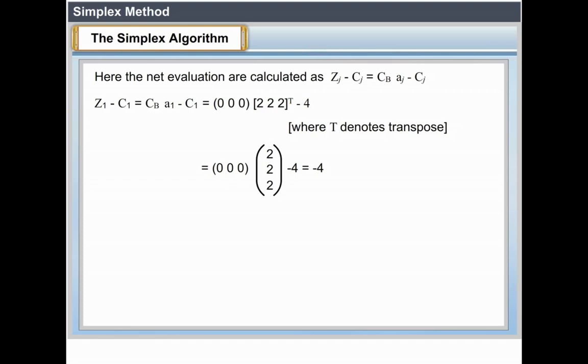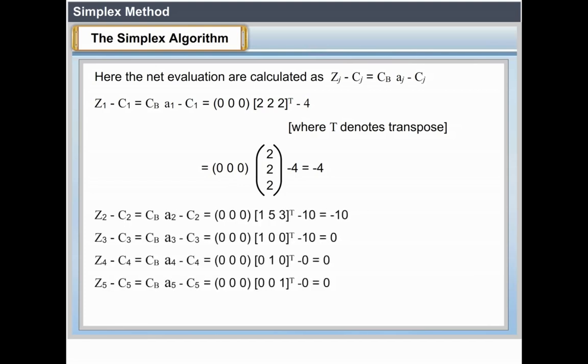After multiplying and subtracting, we get minus 4. In the same way we proceed. Z2 minus C2 = CB into A2 minus C2 = (0, 0, 0) into (1, 0, 0) transpose minus 10 = 0. Z4 minus C4 = CB into A4 minus C4 = (0, 0, 0) into (0, 1, 0) transpose minus 0 = 0.